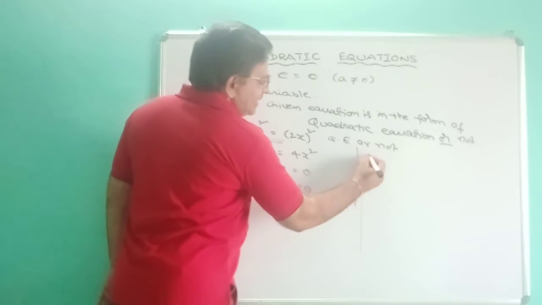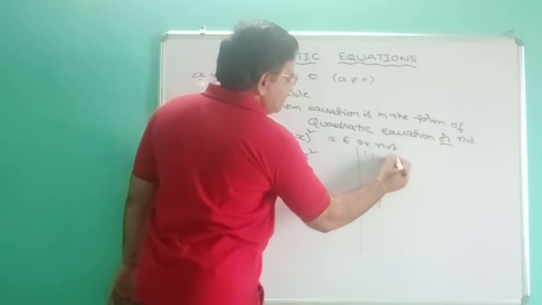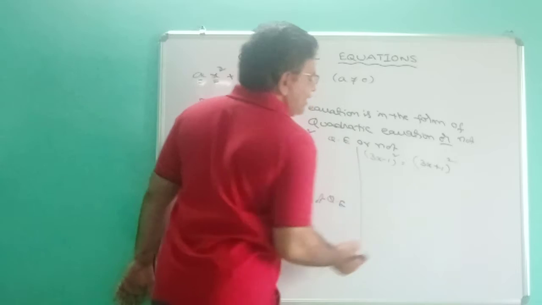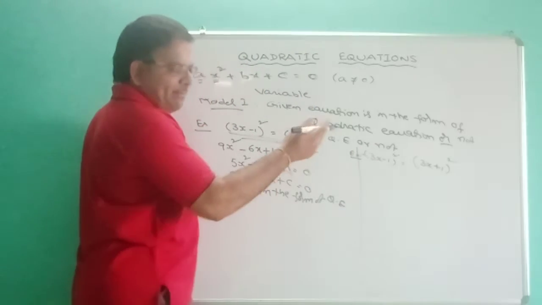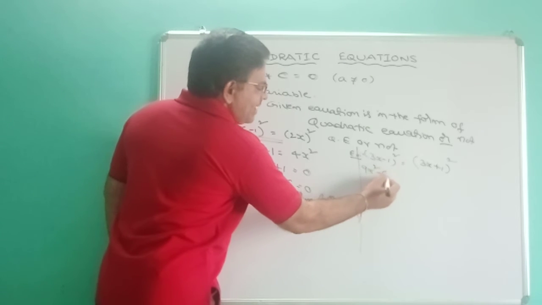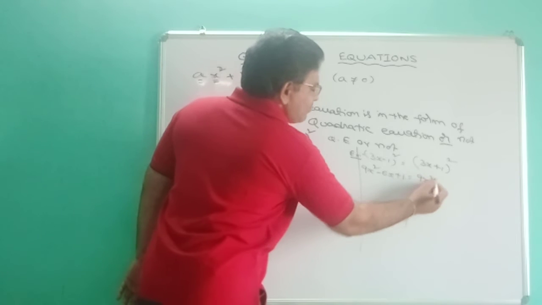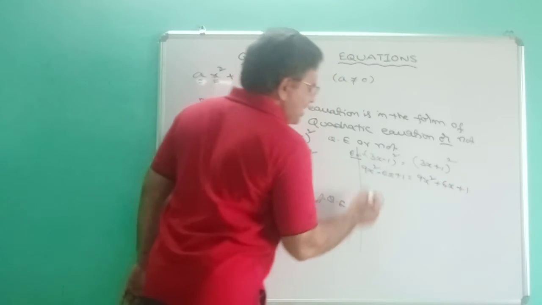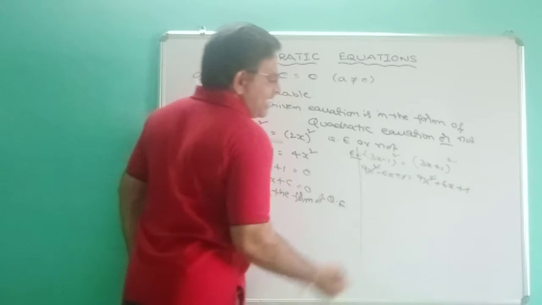In the same way, one more example. Now I will take 3x minus 1 whole square equal to 3x plus 1 whole square. Is it a quadratic equation or not? In the same manner, expand: 9x square minus 6x plus 1 equal to 9x square plus 6x plus 1. 9x square cancels, plus 1 cancels.